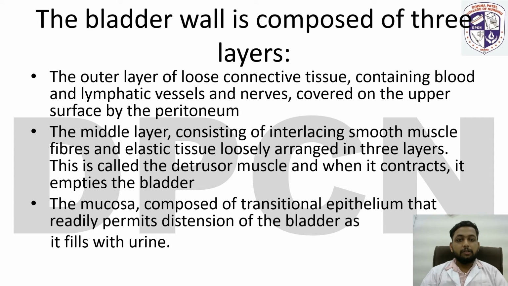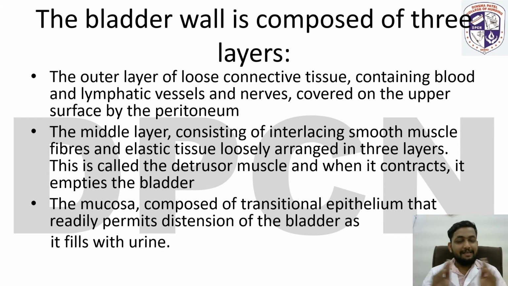The mucosa is composed of transitional epithelium that readily permits distension of the bladder as it is filled with urine. The mucosa is the innermost layer. This layer will feel the pressure when the urine is filled within the bladder, and it will get extended.